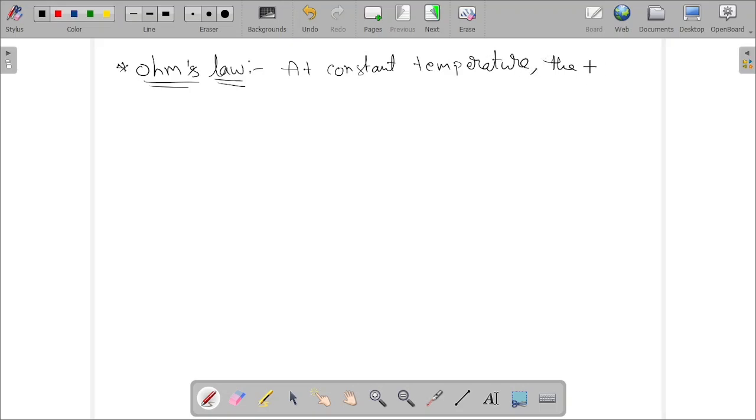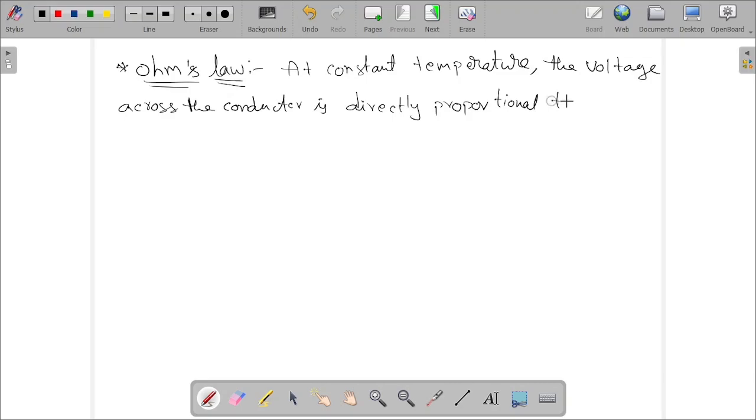the voltage or potential difference across the conductor is directly proportional to the current.